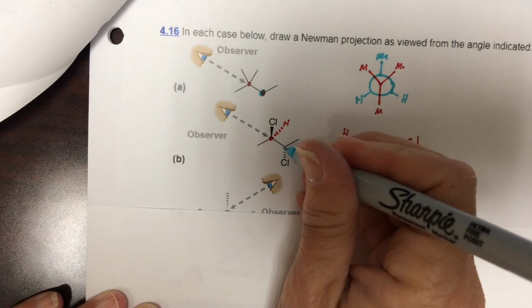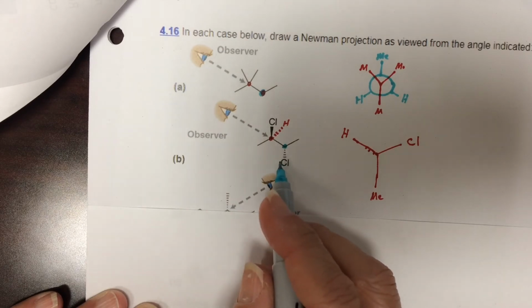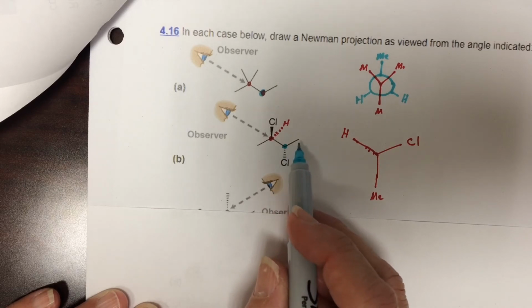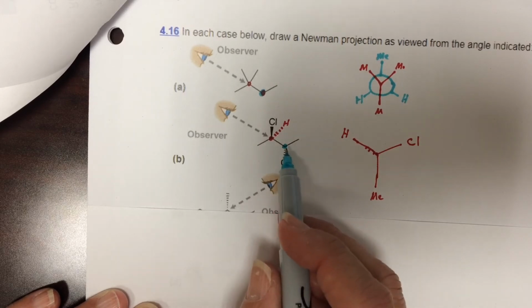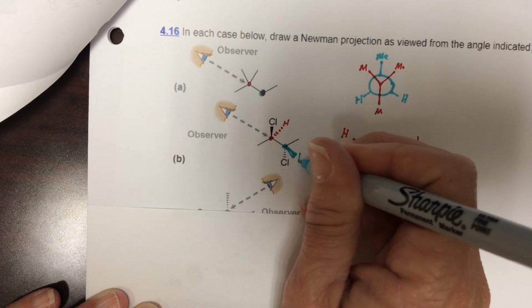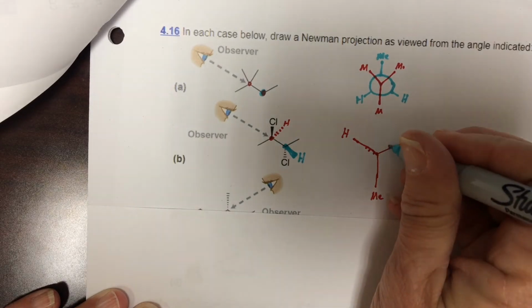Now let's do the carbon that's behind. So again, if we have chlorine on the dash and we've got a methyl group on the line, there must be a wedge that has a hydrogen, because you always have 2 lines, a dash, and a wedge. All right, so here we go.